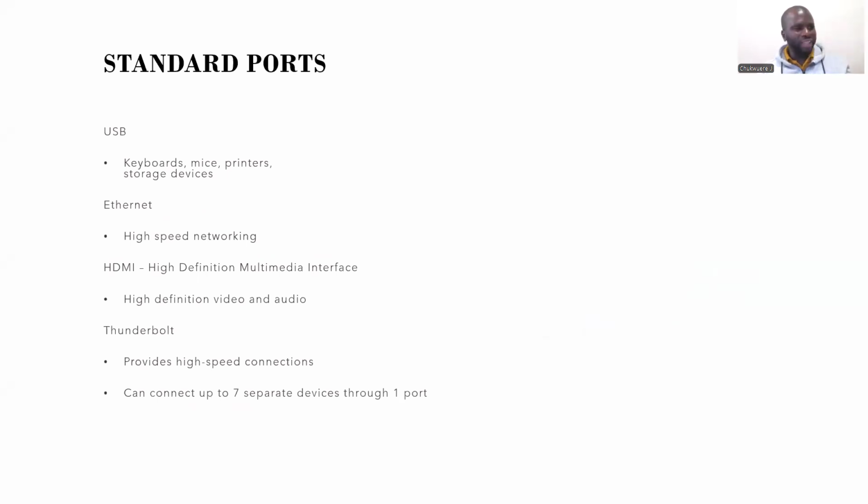Remember, there is what is called internet and Ethernet, and in this case we're talking about Ethernet, which provides high-speed networking ability within your system. Also, you have your HDMI, which assists you to connect your computers for videos and audios to be played.